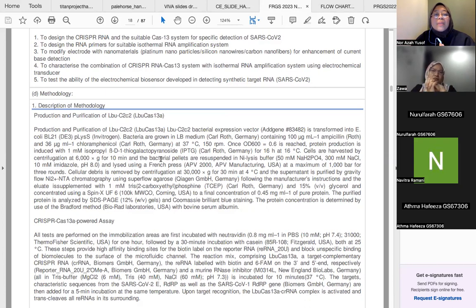During the proposal stage for PhD or master, you can choose to be a bit general. It's okay. You can see that I'm a bit too detailed here, because this is a grant proposal. Because we are asking for money, they would like to see what materials you want to use.